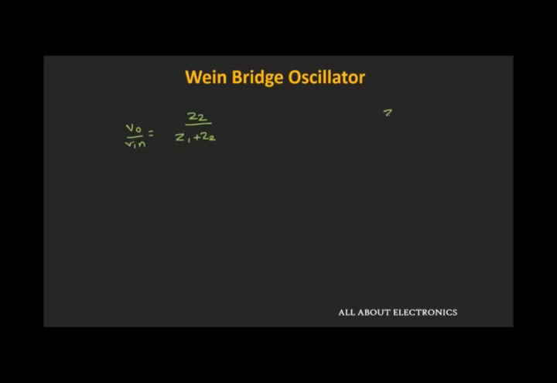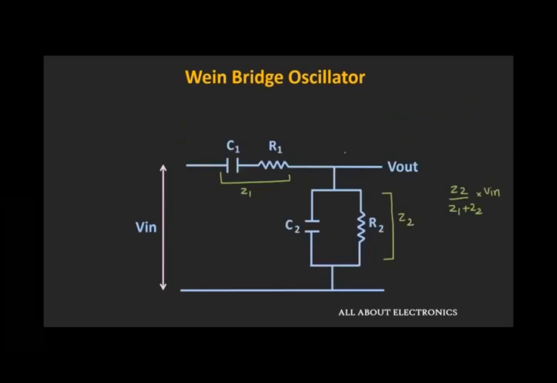Now here Z2 is equal to R2 in parallel with 1 by j omega C2. Or we can say that that is equal to R2 divided by 1 plus j omega R2 times C2. Similarly, this Z1 is equal to R1 plus 1 by j omega C1.